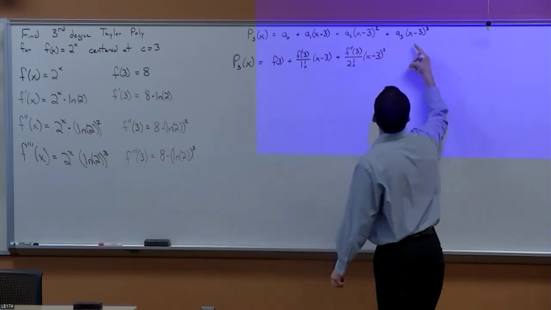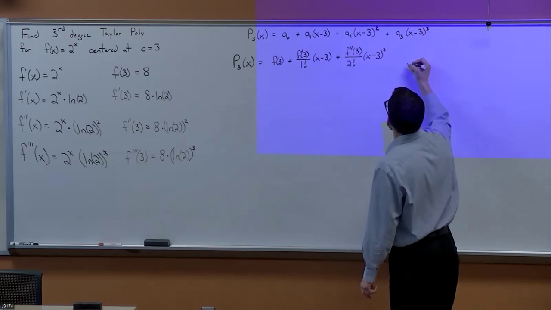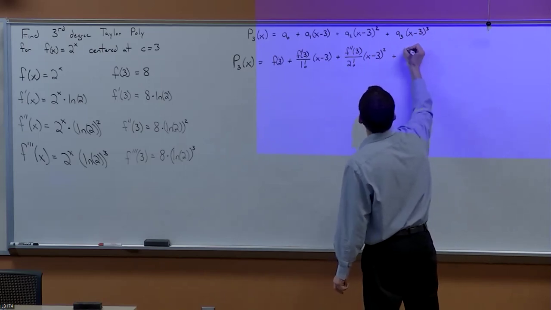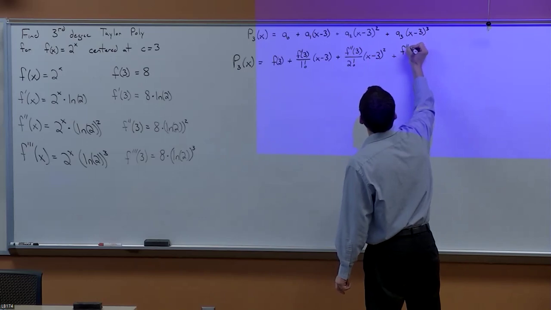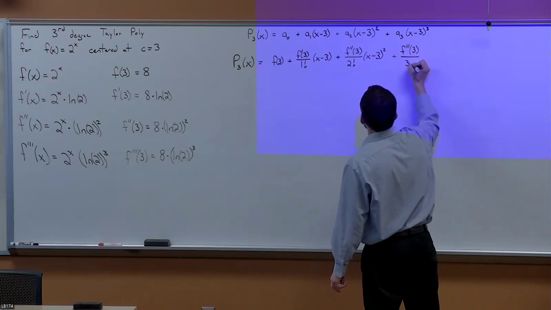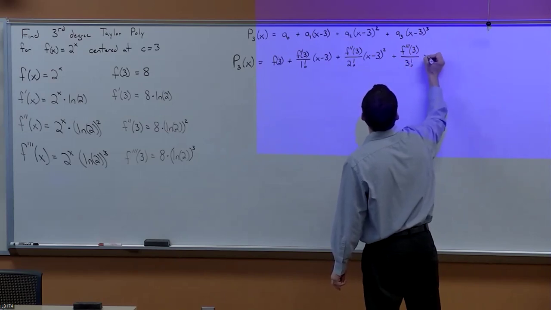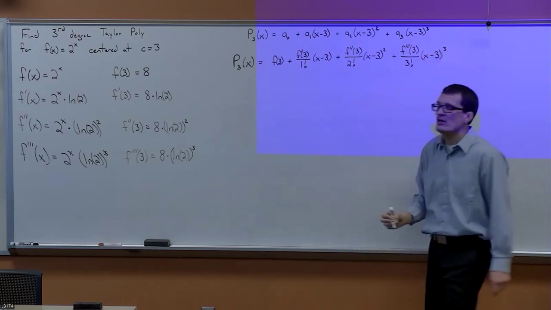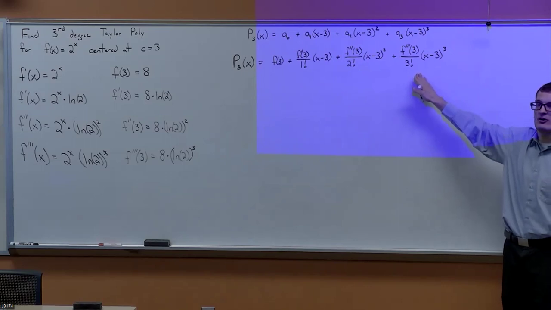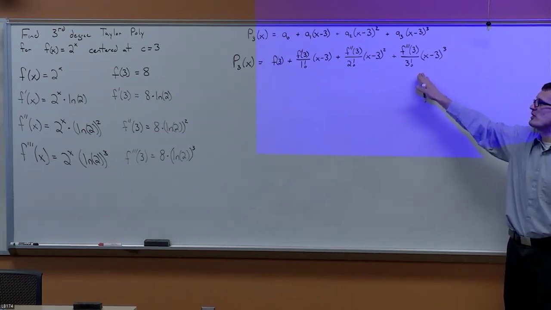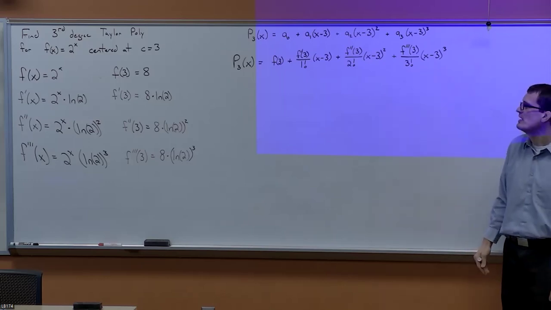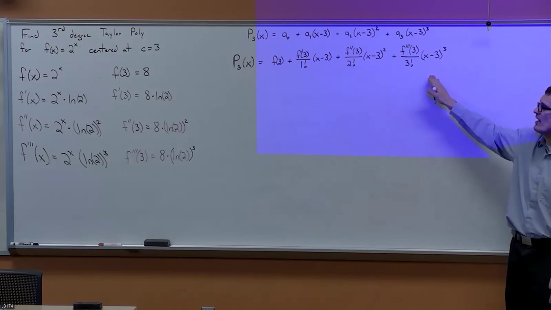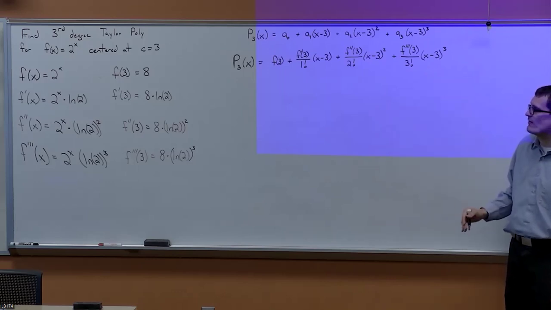And my coefficient of the x minus 3 to the third power is going to be f third derivative evaluated at 3 over 3 factorial. So that's the third degree Taylor polynomial centered at 3.